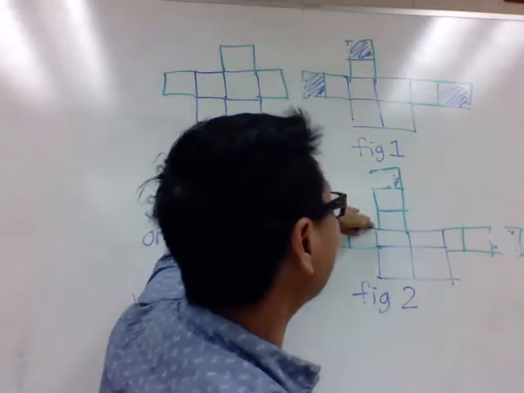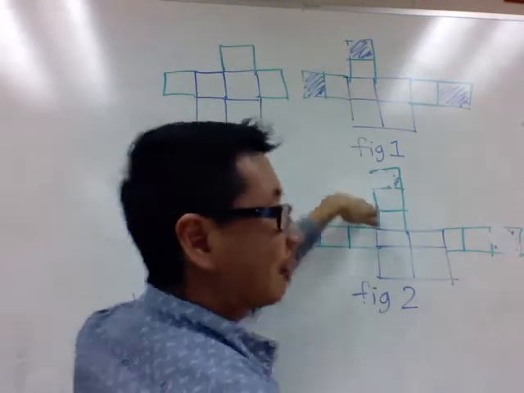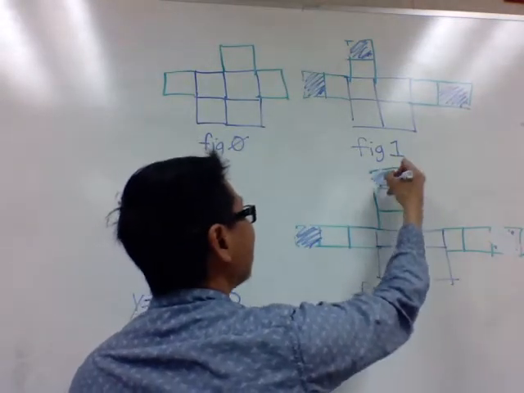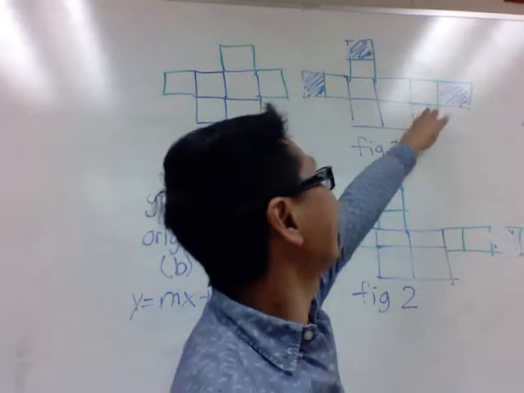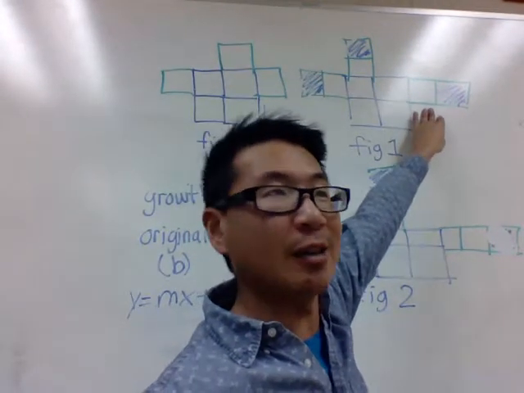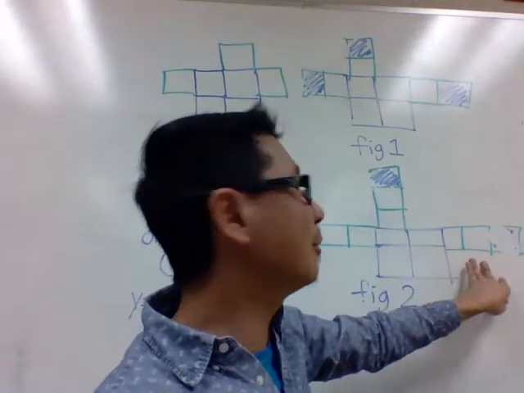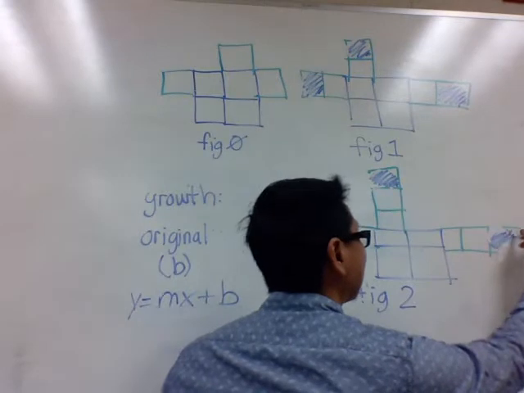Looking at the head once again, there's 2 blocks up here and 3 blocks up here. So 1 more block basically got added right there. And then also right here, figure 1 has 2 blocks and figure 2 has 3 blocks, which means 1 more block got added over here.